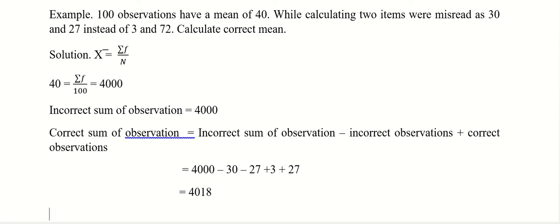right? Now we will calculate the correct mean. For the correct mean, the formula remains the same: sum of observations divided by number of observations.